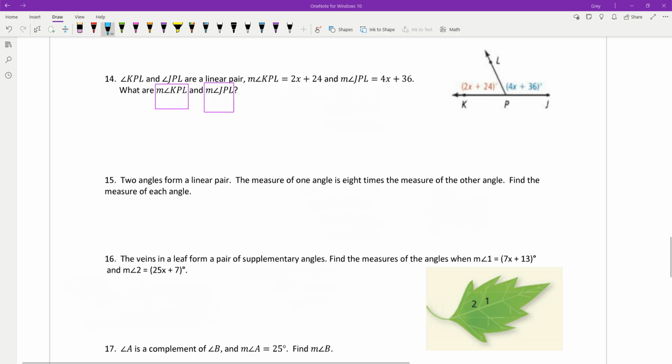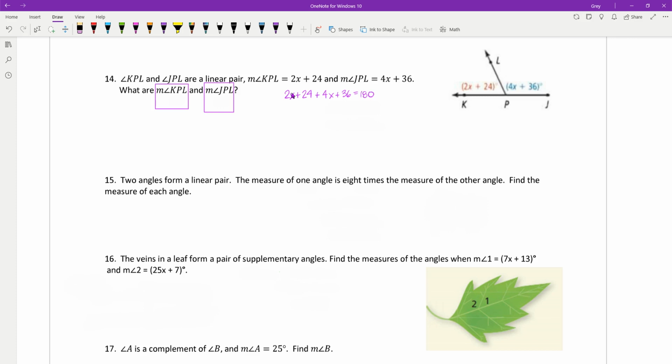So we're going to write an equation. If they're a linear pair, as you can see from our picture, then these two angles are going to add up to 180. So I'm going to write 2x plus 24 plus 4x plus 36 equals 180, because that's my linear pair.